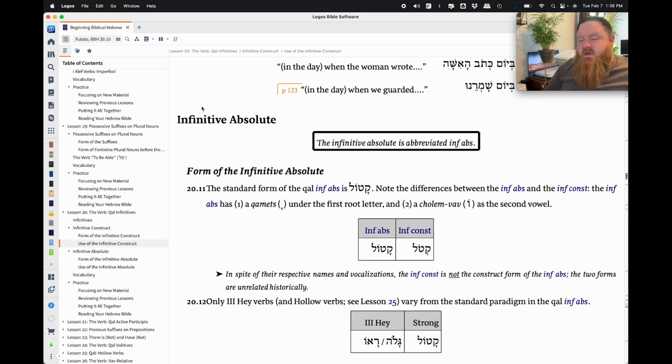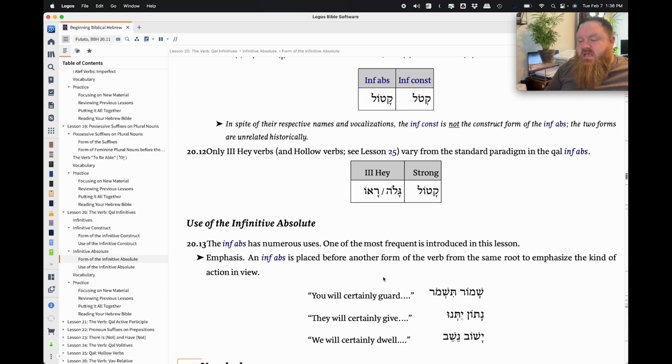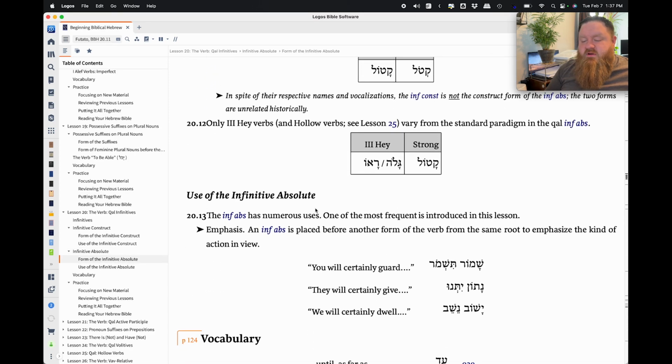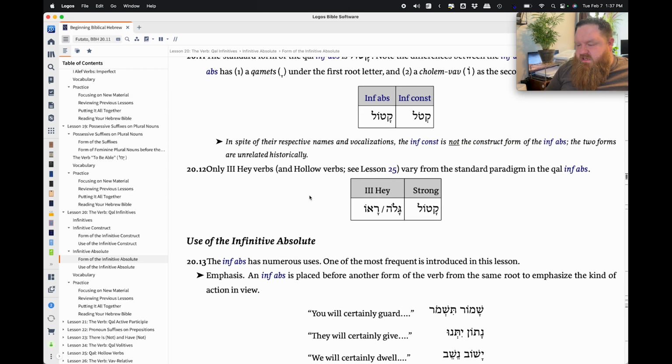All right, we talked a little bit about the infinitive absolute in the form here. So it's just kind of a less constricted infinitive. Let's talk about how the infinitive absolute gets used. Here you've got one example of an irregular infinitive absolute. I think that usually what you're going to see here is that the infinitive absolute, no matter what the type of verb is, it may just be that certain weak verbs don't appear in the infinitive absolute.